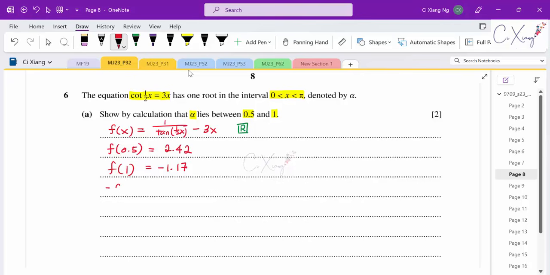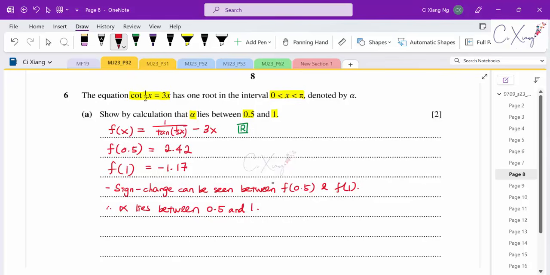Therefore, you can make a simple conclusion that a sign change can be seen between f(0.5) and f(1), which also means that alpha lies between 0.5 and 1. So this is how we show it by using calculation.